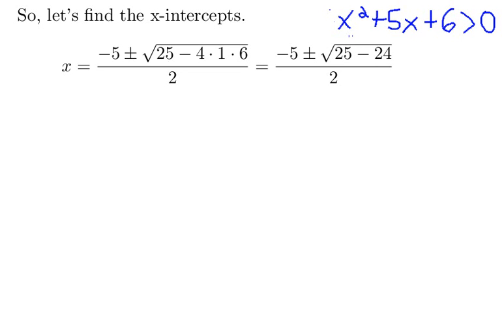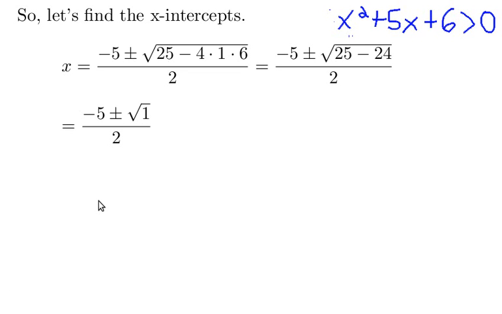Let's go on to the next line. Equals, so we're going to have minus 5 plus or minus the square root of 25 minus 24, which is going to give us 1. Still all over 2.